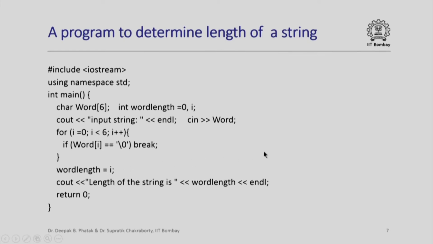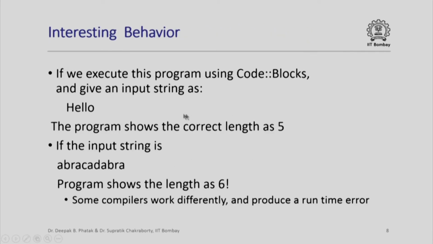This program should work properly, so we expect, but look at the interesting behavior. If we execute this program using Code::Blocks, for example, and give an input string as hello, the program shows the correct length as 5 because the string hello has 5 characters.